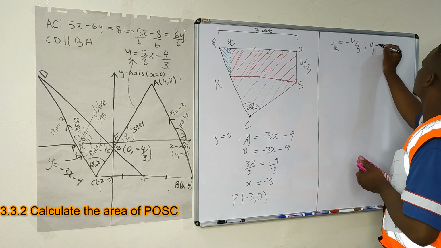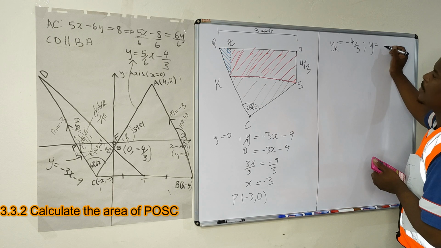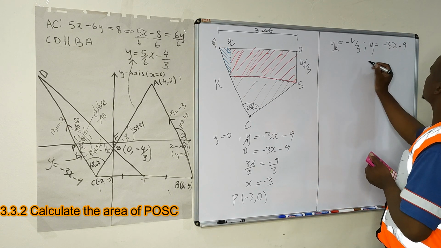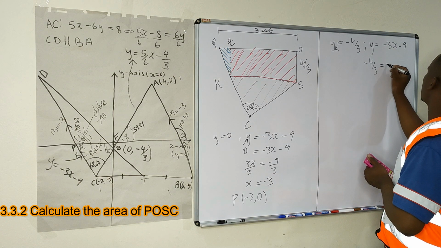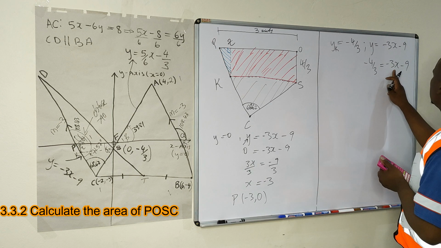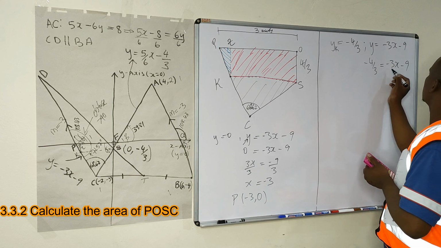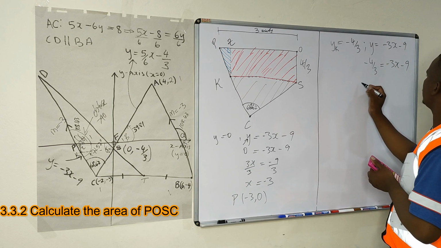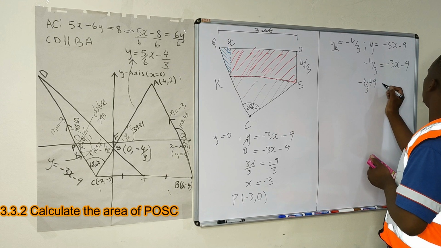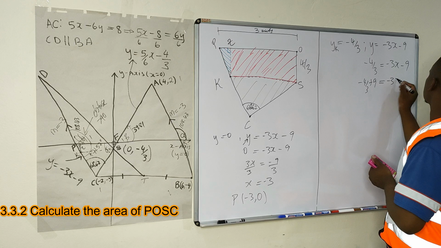And it lies on the line y is equal to minus 3x minus 9. So you have your y is -4/3. So you find what is the x value. So transpose this. You have -4/3 plus 9 is equal to minus 3x.